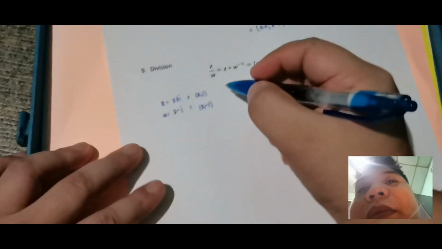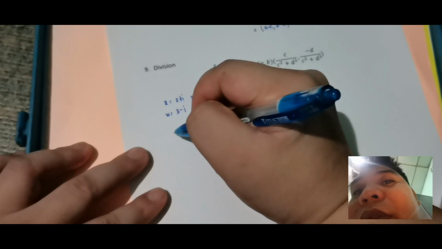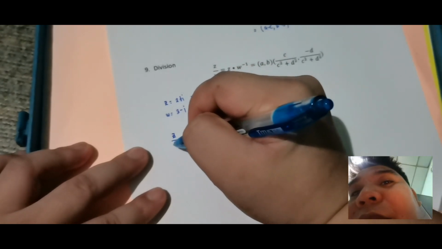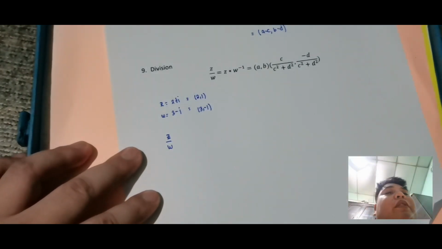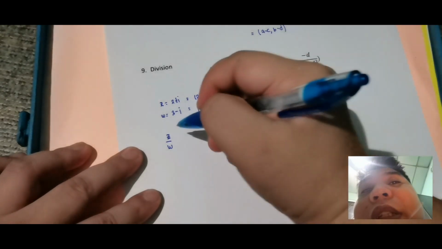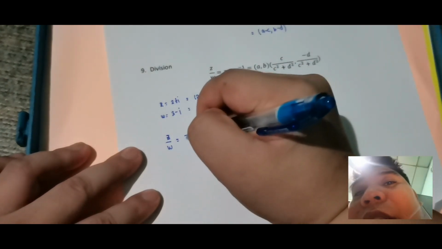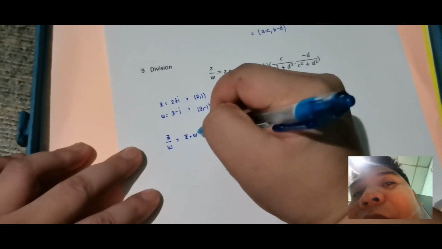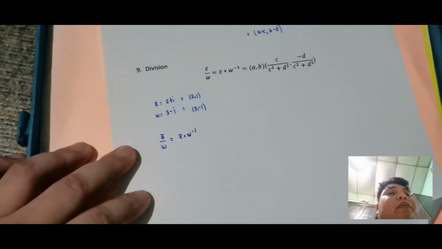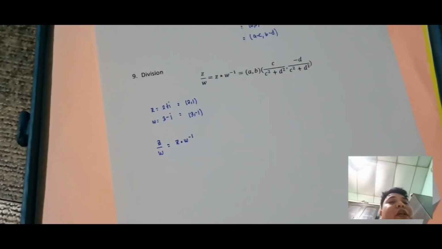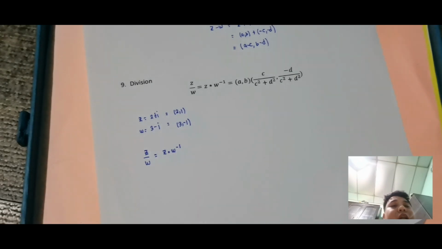Okay, so ito ay z over w. Yan yung hahanapin natin. So, ang sabi ng formula, ang gawin mo, z multiplied by w inverse. Okay, so hahanapin ko yung multiplicative inverse ni (3, negative 1).